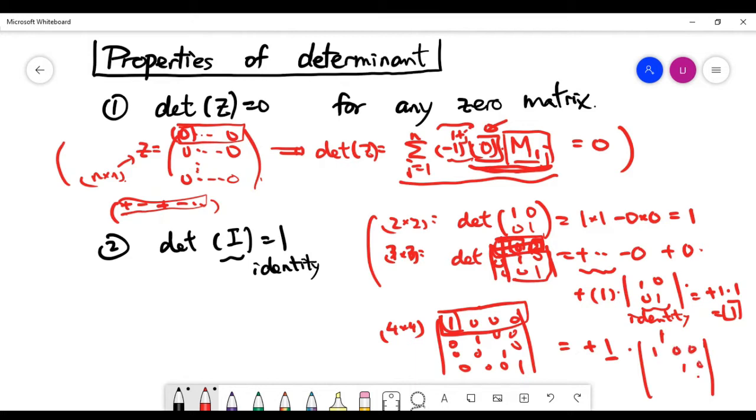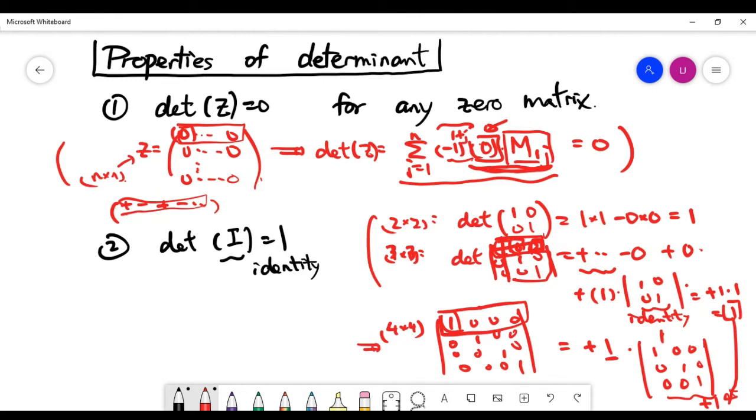But you are getting a smaller determinant where now you're taking the determinant for the identity of 3 by 3, right? And we understand this one has determinant 1 already. So that's why the determinant of identity must be 1 for all sizes, basically.